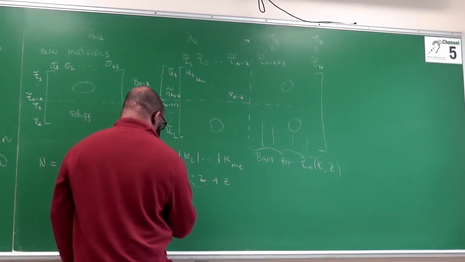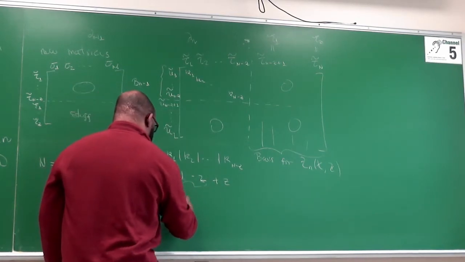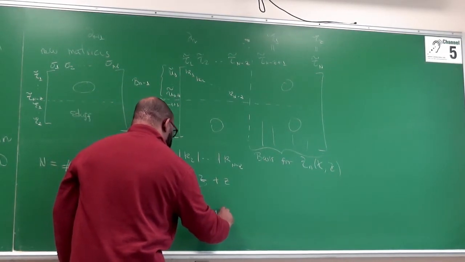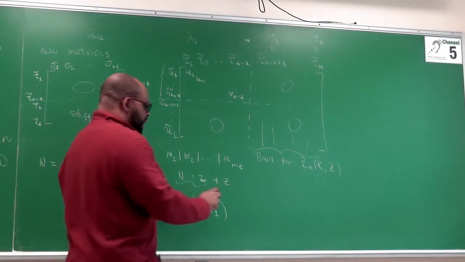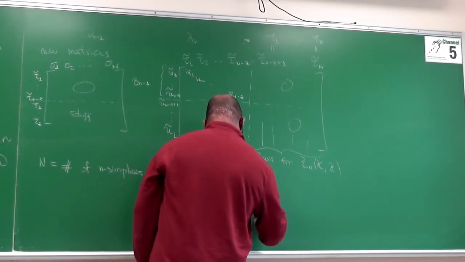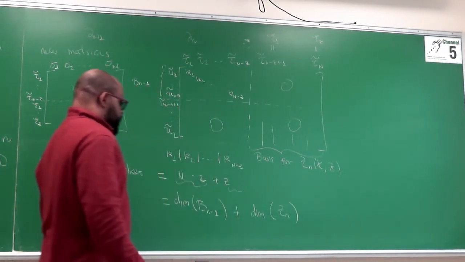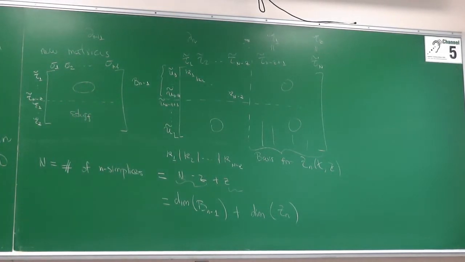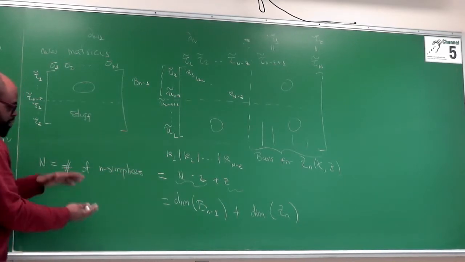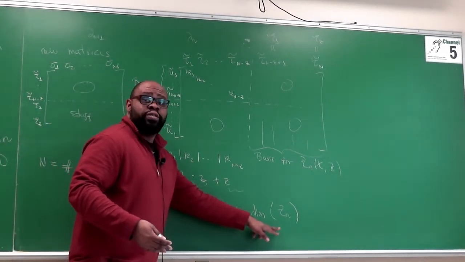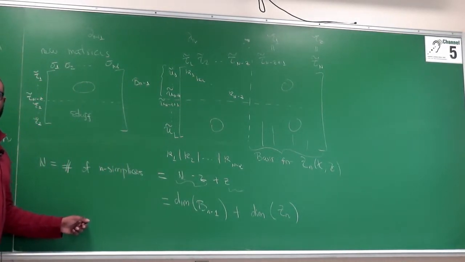And this guy right here is the size of Bn minus 1. Then this guy right here is the size of Zn. Cool? So if you remember your linear algebra class, this is the rank nullity theorem that says that the size of the domain can be split into the size of the image plus the size of the kernel.